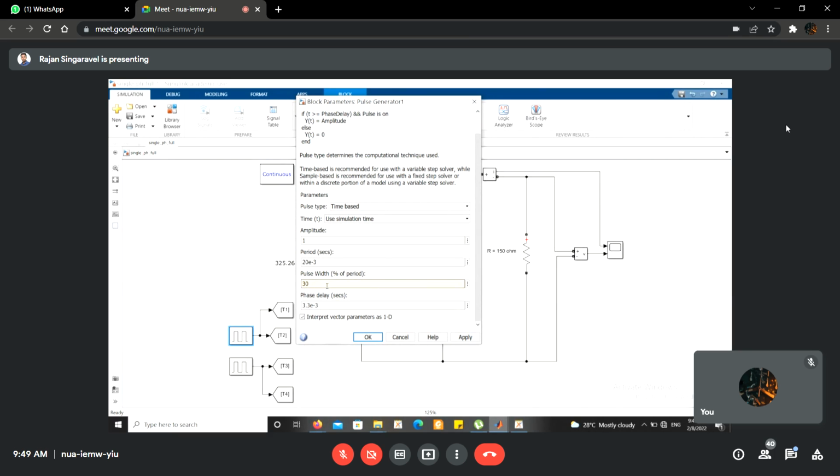This phase delay gives us the alpha value. Can someone say what is the phase delay for 3.3 milliseconds? Someone tell me what is the phase angle delay for 3.3 milliseconds?